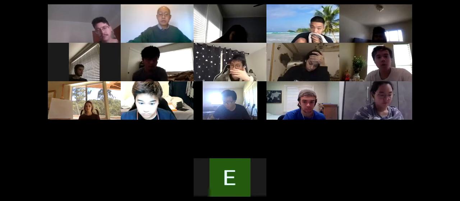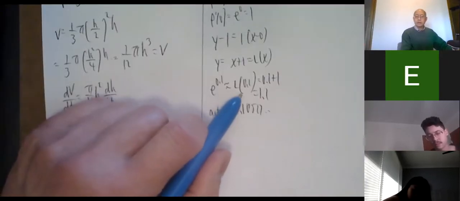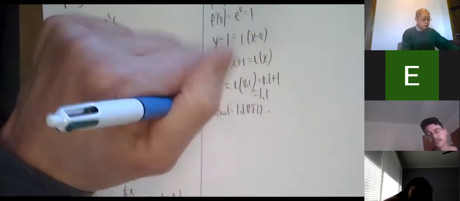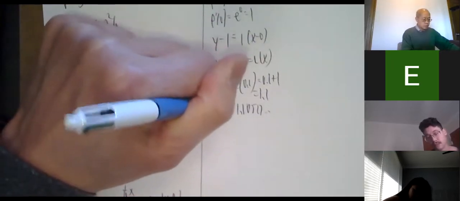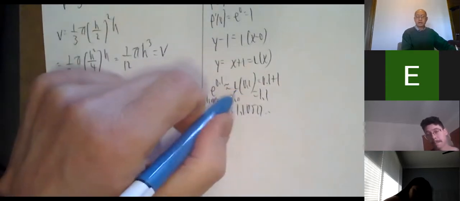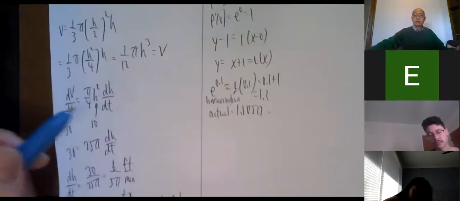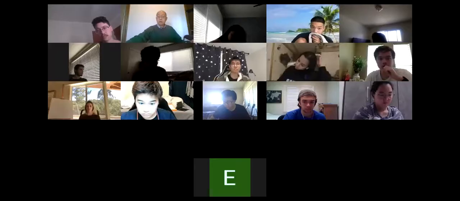Let me show that to you quickly here. Sorry, there's no fast way to do this. That's L of 0.1, the linearization function. L of 0.1 is a function, the linear function, 0.1 plus 1. Okay, and let's see.